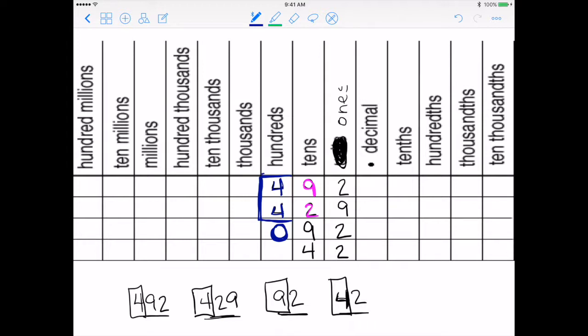Finally, if we compare the 9 in the tens place in 92 to the 4 in the tens place in 42, we know that 9 is greater than 4, and so 92 is greater than 42. So when we stack our numbers according to the place value of each digit, it's easier to compare multiple numbers.